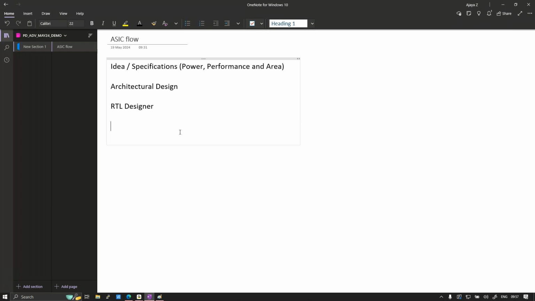Now, I have written a code. Whether it is following that particular functionality or not, I should verify it. Test bench related, right? Some kind of UVM, that related structures, everything will be coming. So, functional verification. DV, design verification.